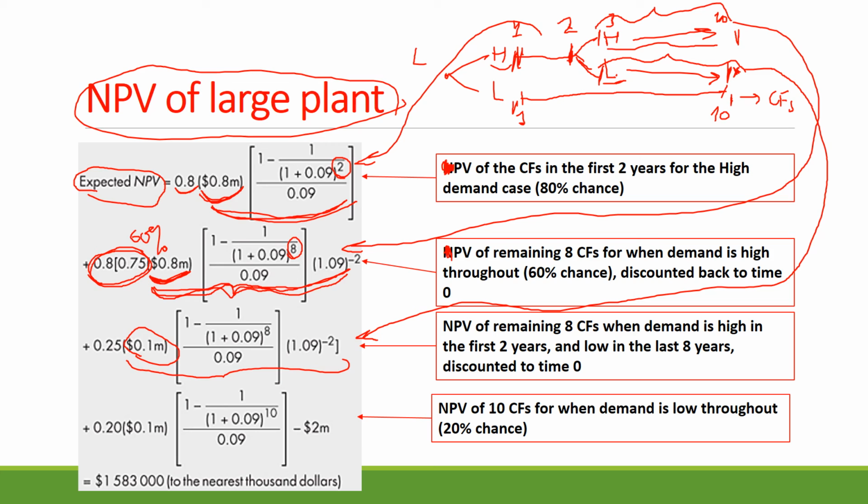This is a low demand scenario, right? We only have 8 cash flows because we're starting from year 3 and we end in year 10. We defer it by 2 years, so we have to discount it back by 2 years, right? Our probability here is 25%.